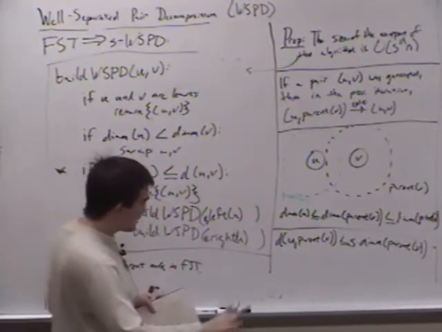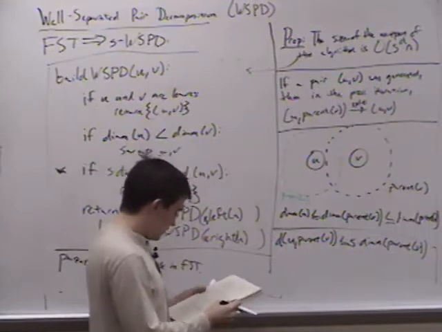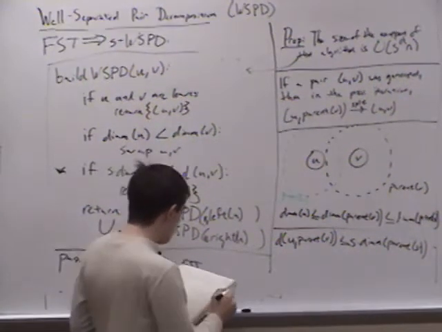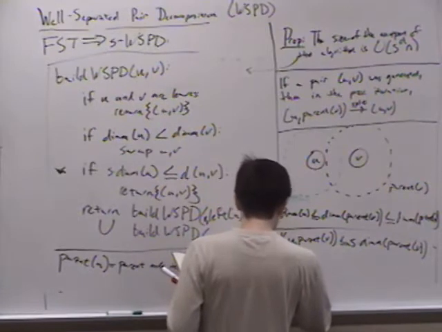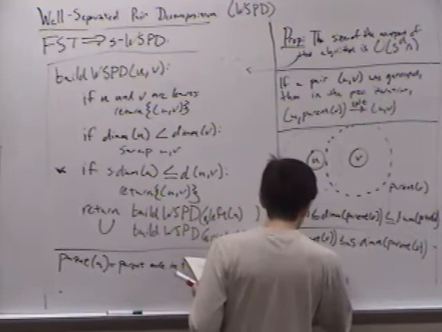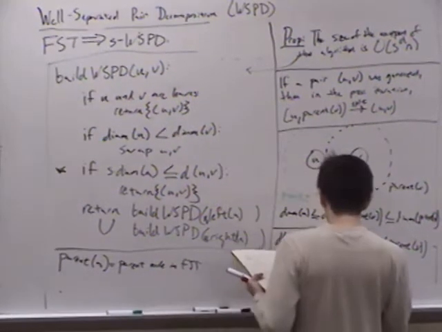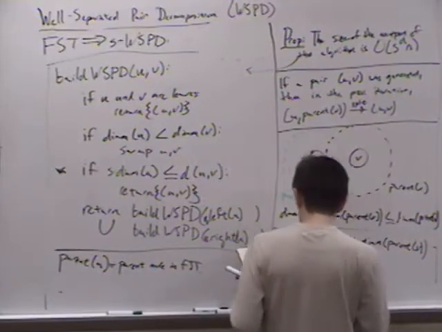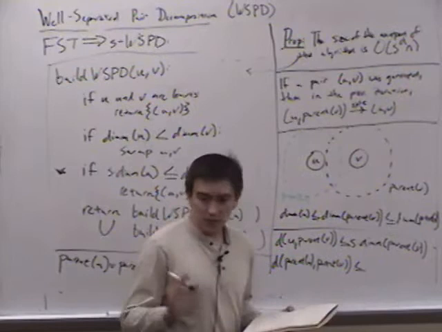So we basically got down to this level. In order to have split them, this had to have been true. Similarly, the distance between parent of U and parent of V has to be less than the distance between U and parent of V times 1 plus 4 over s by that basic property.